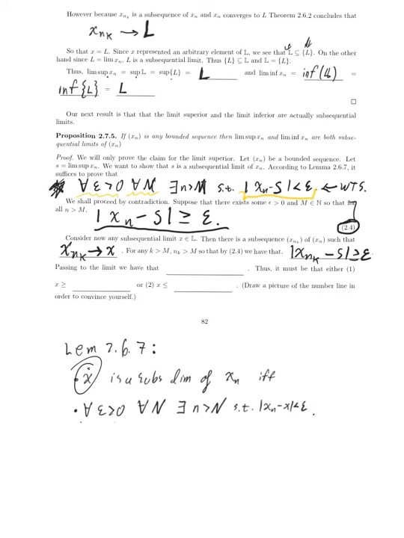I don't know how big epsilon is, but it's some positive fixed constant right now. Passing to the limit, because x sub n sub k converges by assumption, the absolute value of x minus s is bigger than or equal to epsilon.